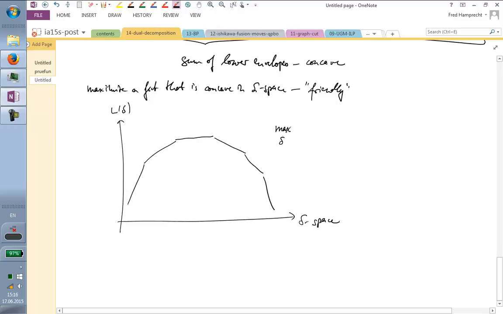Here, for example, I am maximizing the minimum of, in this case, 6 planes that I have drawn.